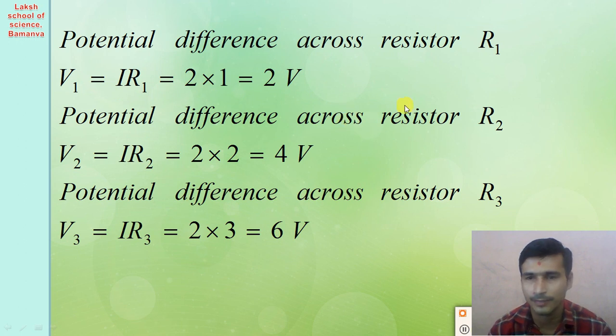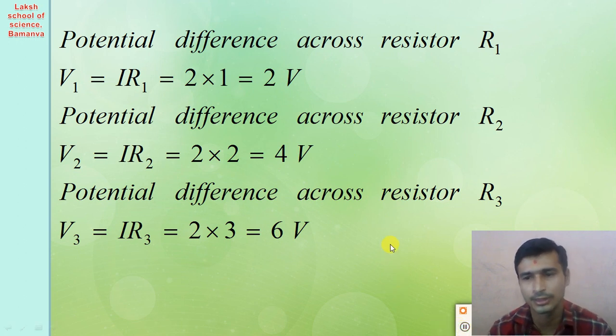Now verify your answer. The potential difference across the resistor R1 is 2 volt. The potential difference across the resistor R2 is 4 volt and the potential difference across the resistor R3 is 6 volt, and the sum of all the potential differences is equal to 6 plus 4 plus 2, which is 12 volt, the total potential applied on the circuit by a battery.